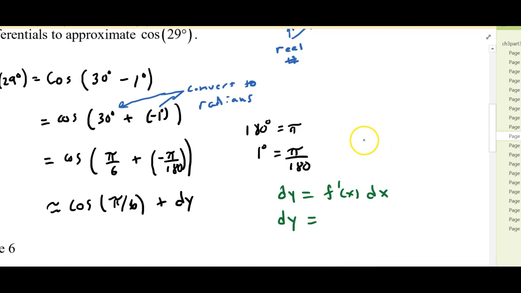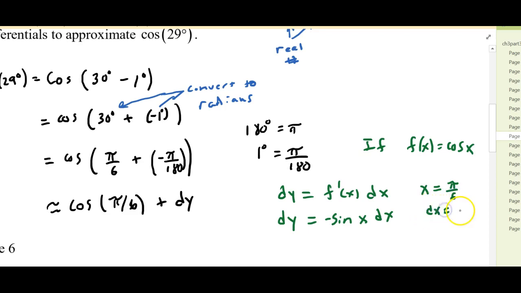If f of x equals cosine x, f prime of x is negative sine x. With x equaling a, which is pi over 6, and dx equaling negative pi over 180, dy is negative sine of pi over 6 times negative pi over 180.